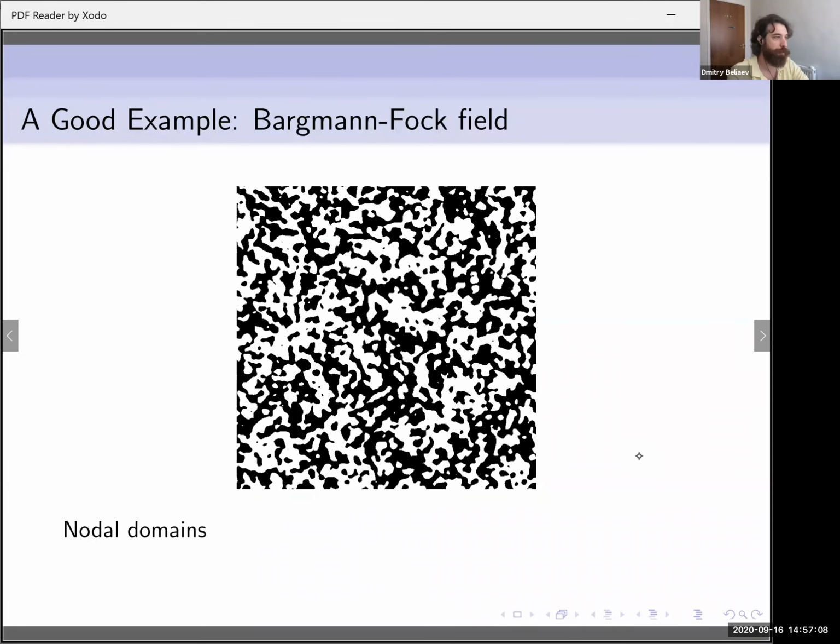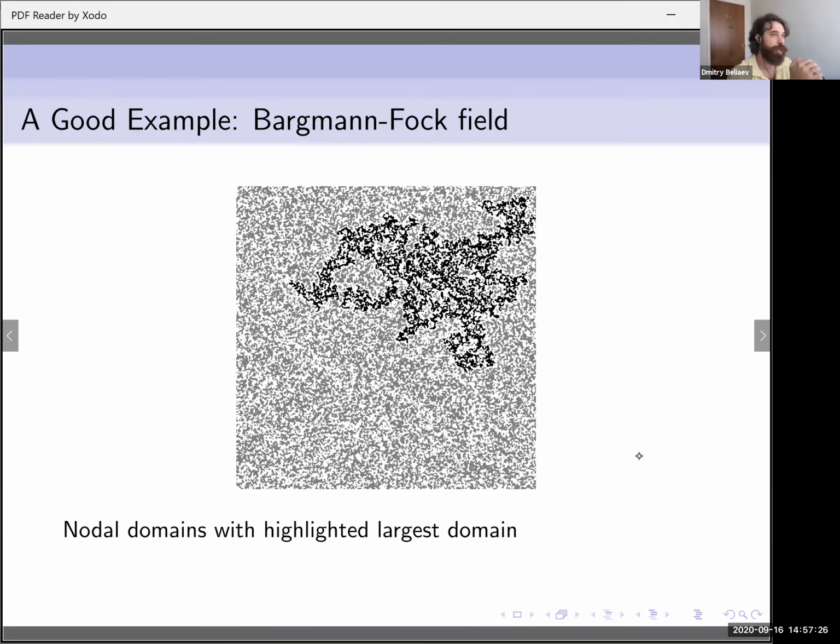For this field, the nodal domains have a conformally invariant scaling limit, and this scaling limit is the same as what you get in critical percolation. So this is the large scale picture. And here I highlighted just one gray domain. If you have seen a large scale percolation picture, it really looks like a large percolation cluster.